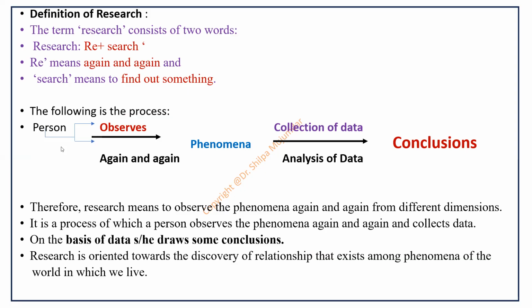Generally, the following process for research is observed. The person observes a particular phenomenon again and again, many times, to see what is happening, and then collects the data. Whenever observing, every time there is some new observation, he could note it down.